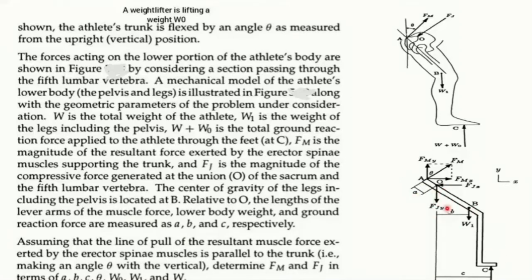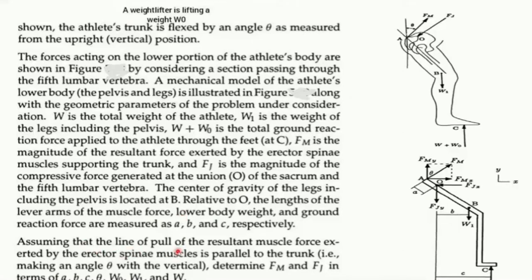Small b is not the parallel distance here, but the perpendicular distance. Drop a perpendicular from O, drop a perpendicular from B, and measure the distance between them; it is small b. Drop a perpendicular from O, drop a perpendicular from C, and the distance between them is small c.